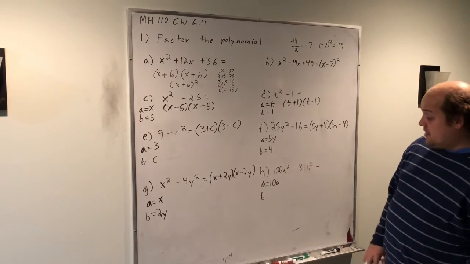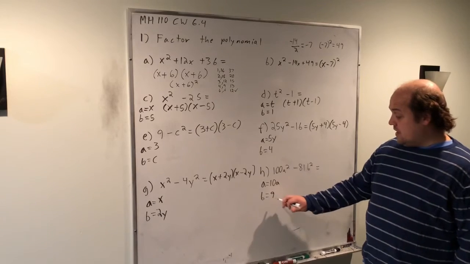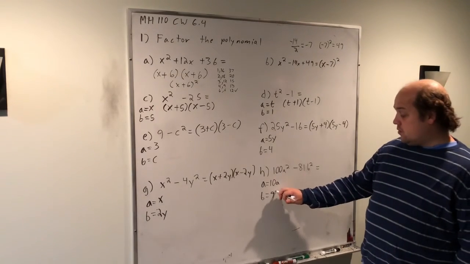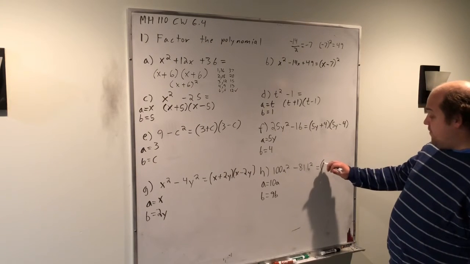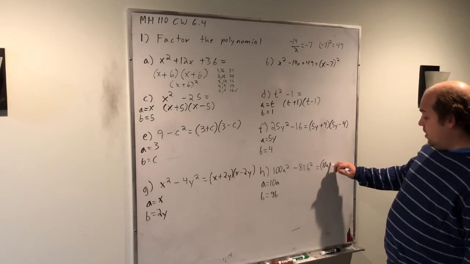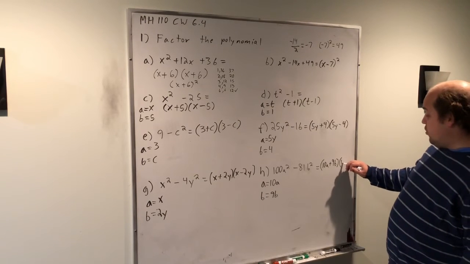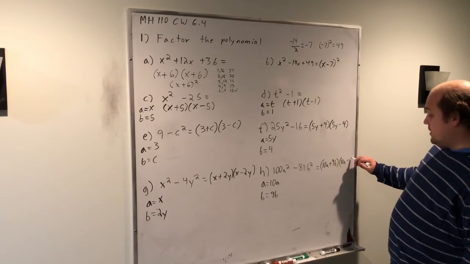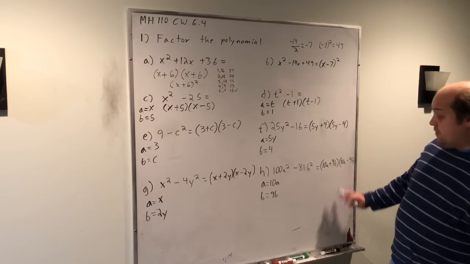Then we have the minus sign that we need, and we have 81, the square root of which is 9, b squared, the square root of which is b. That's why when I go to factor, I have first term 10a plus second term 9b times first term 10a minus second term 9b. This is the correct factored form.